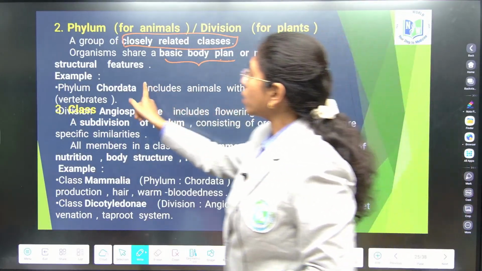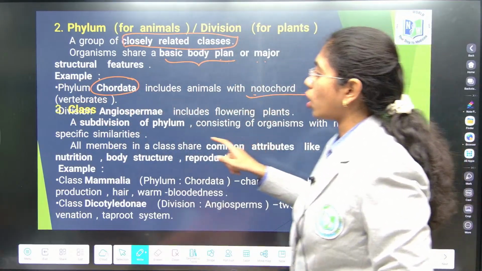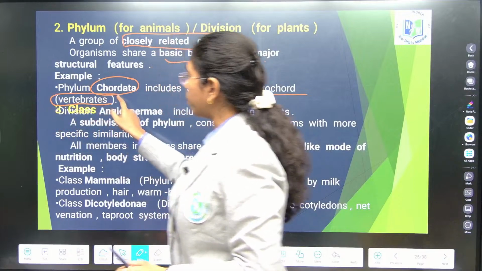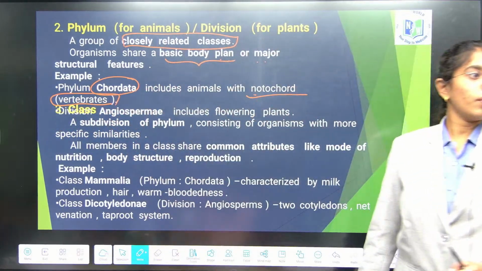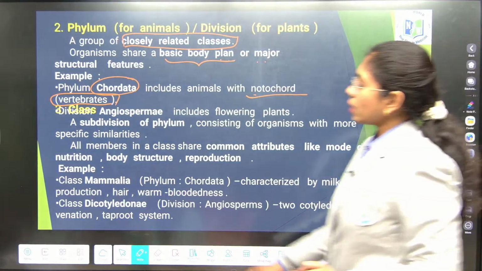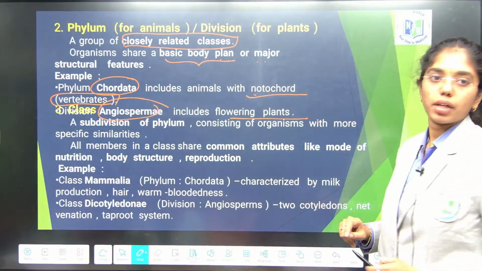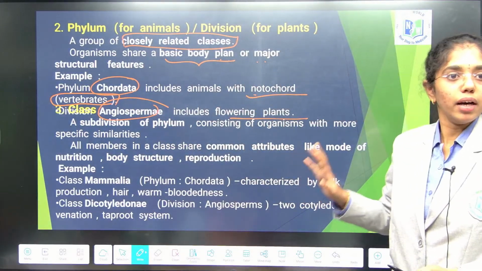Phylum includes, for example, Chordata. Chordata includes all the animals which have a notochord, for example, vertebrates. All vertebrates are placed under Chordata. Angiosperms include all the flowering plants. Division Angiosperms includes all the flowering plants.